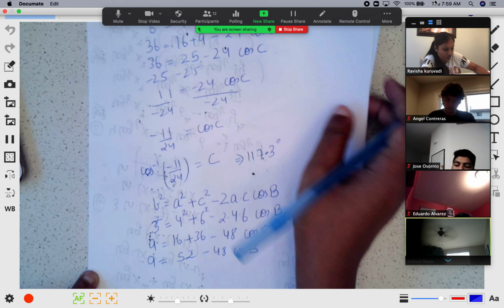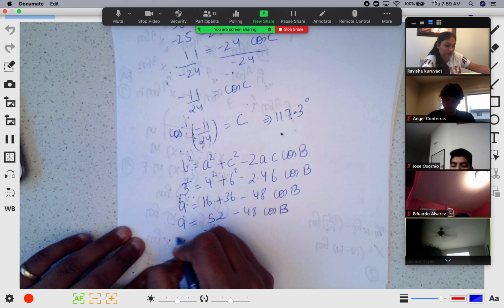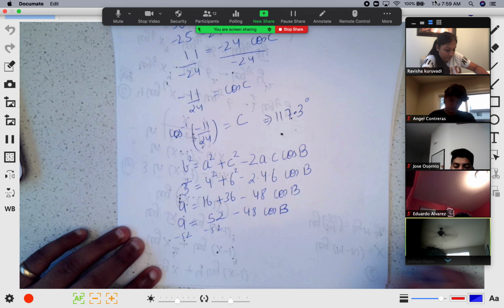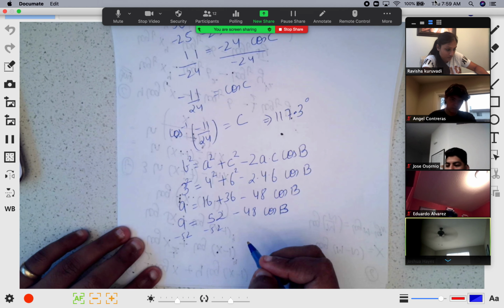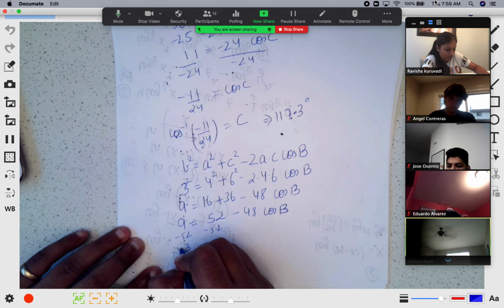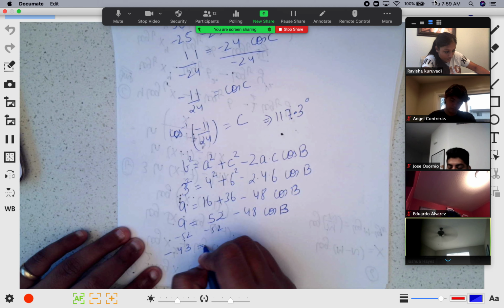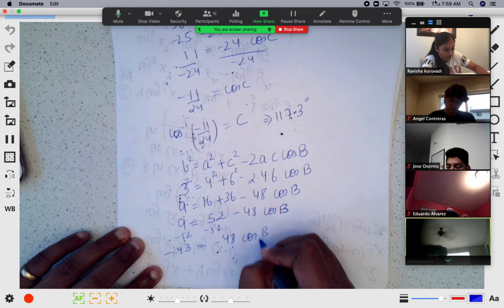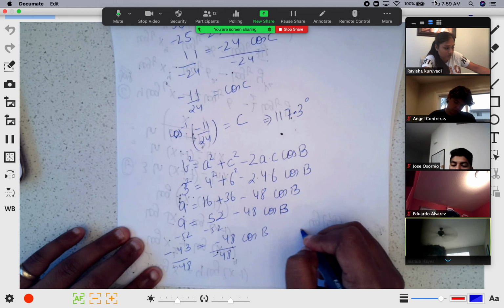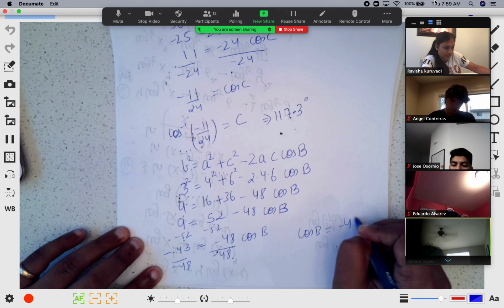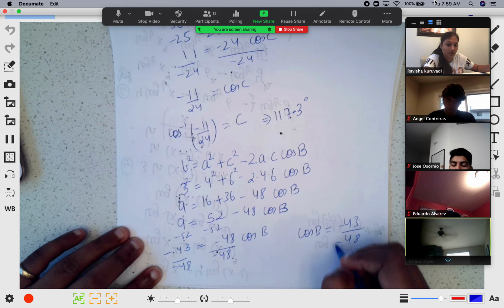Then you subtract 52 from both sides. You get negative 43 is equal to negative 48 cosine B. Divide by negative 48 on both sides. You get cosine B is equal to 43 over 48. How do you find B, Joshua?